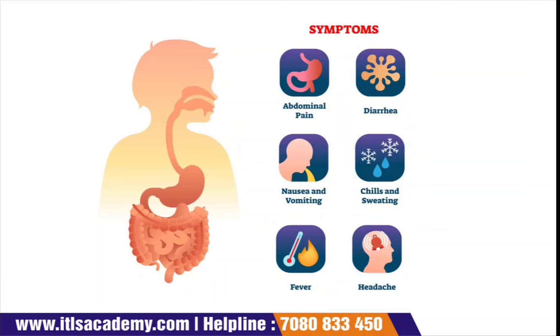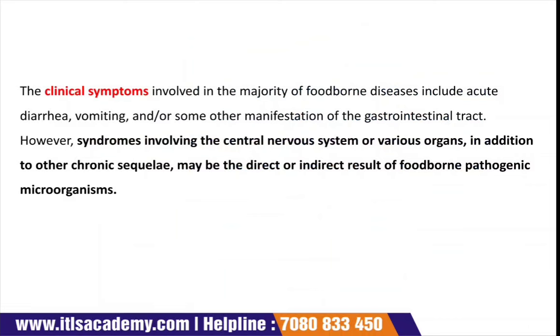What are the major symptoms? Because of foodborne illness, abdominal pain occurs, and there is diarrhea, nausea, vomiting, fever, headache, chills, and sweating. Now let us understand the clinical symptoms. The majority of foodborne diseases involve acute diarrhea, vomiting, or some other manifestation of the gastrointestinal tract.